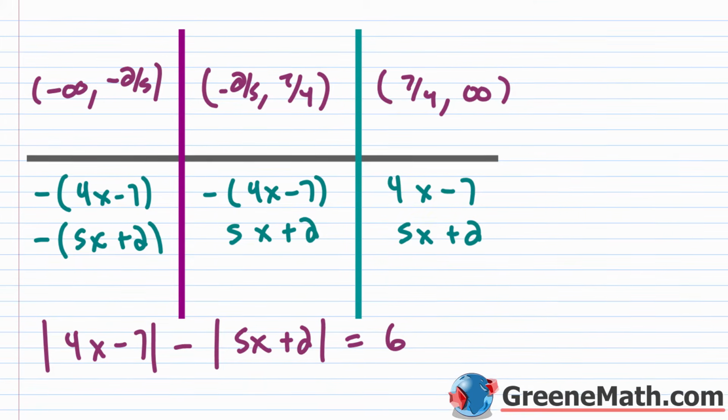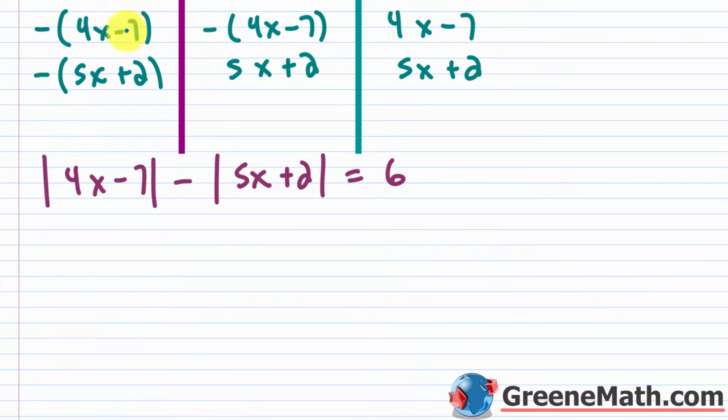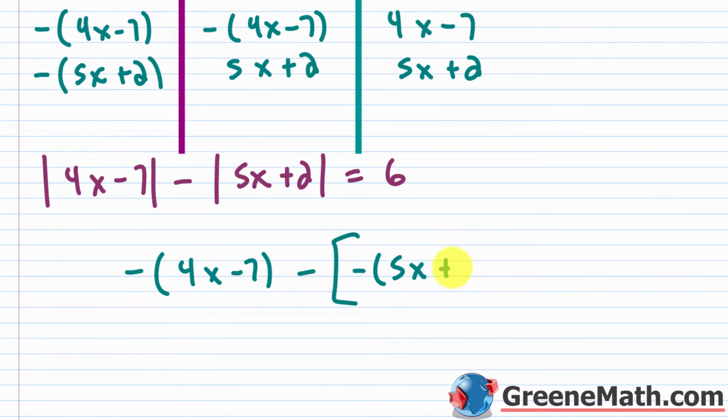Okay, so let's go through and set up our equations. So in the first case, they're both negative. So you want the negative of this quantity 4x minus 7. And then you have a minus. So you have to be really careful here. This is minus, and then you want the negative of this. So let me put this inside of brackets or something so I don't make a mistake. So the negative of this quantity 5x plus 2. Just be really careful if you have a negative, okay? Then this equals 6.